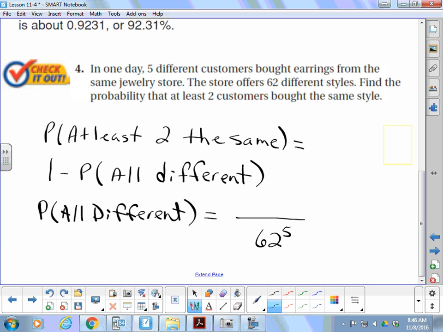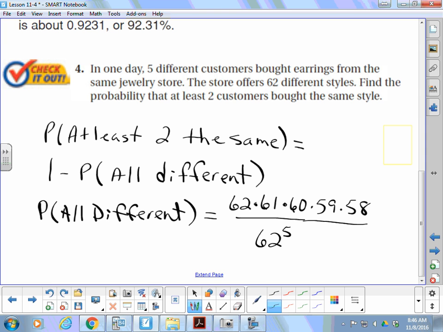For the numerator then, if everybody gets a different one, Hala walks in the store and she has 62 choices. Now, once she picks one, how many choices does Sonia have? 61. And Molly has 60, and Cody has 59, and Jamie has 58.